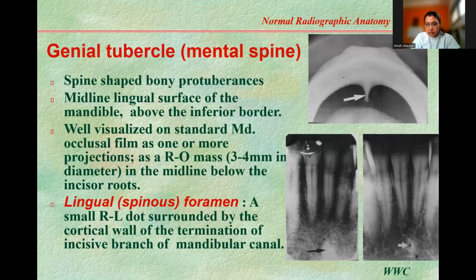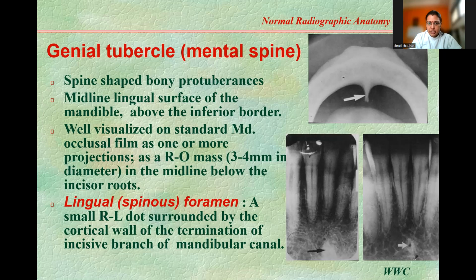Now the next. Yeah. Okay. The next is the genial tubercle or the mental spine. Okay. Now see, put your tongue down. Okay. Do you feel some elevations over there? Okay. Some bony elevations? That is what we're talking about. Genial tubercle or the mental spine.